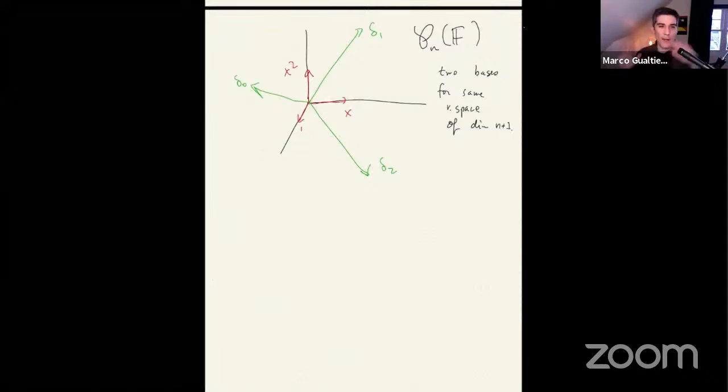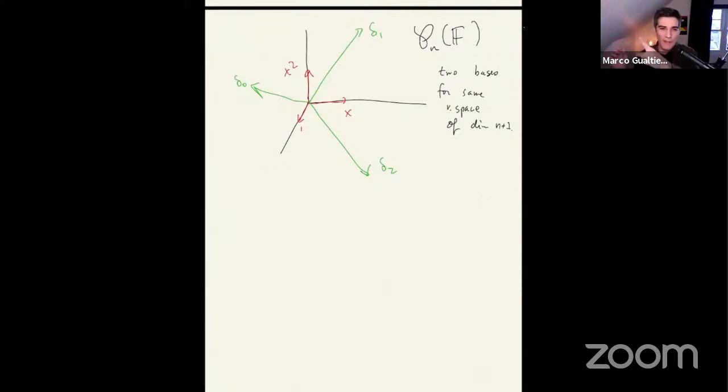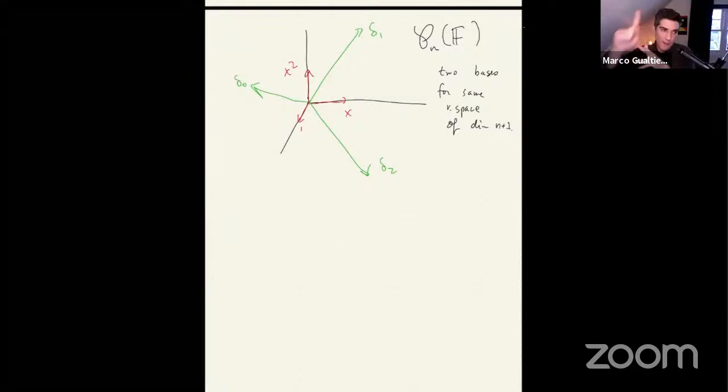If I'm in 3 dimensions and I have one vector which is non-zero, that's already linearly independent. Then if I add another vector which is not in the span, that will be a linearly independent list of 2 vectors. I could even add a third one and it still would be linearly independent. But once I get to a basis, then if I add another vector, it would be linearly dependent. So that's why it's false.